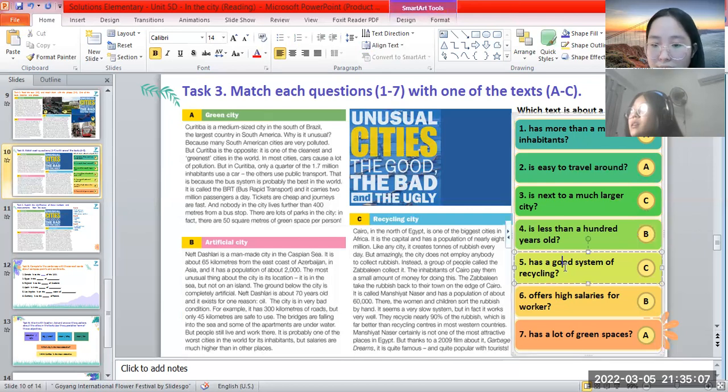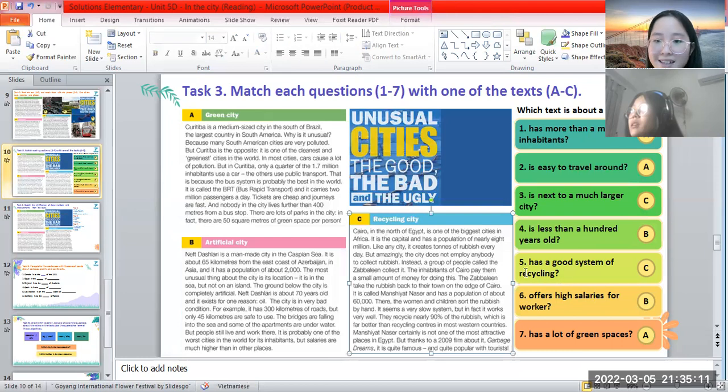Question number 5: has a good system of recycling. We can easily guess the answer because the title of paragraph C is Recycling City, and it mentions the system of recycling.